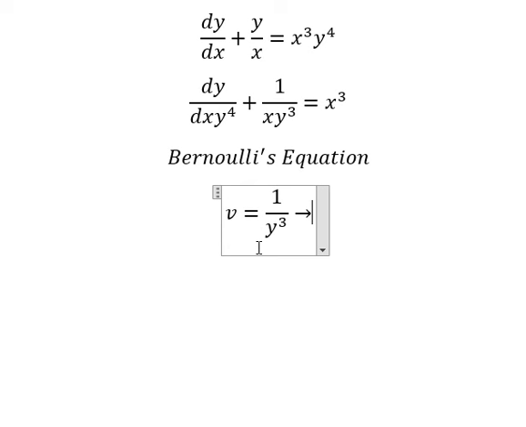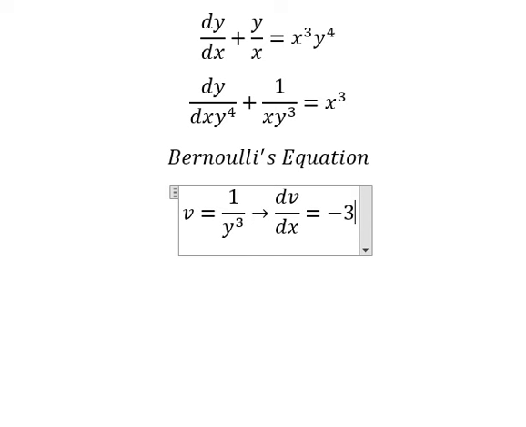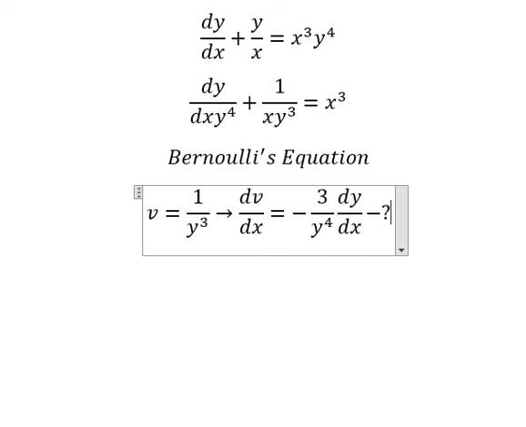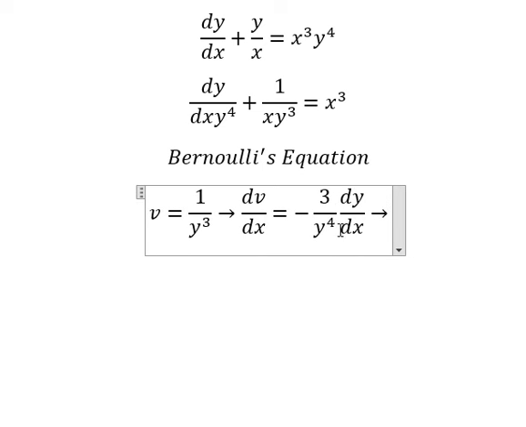After that, we need to first take the derivative of both sides, and we have it like this. Because we don't have negative 3, we need to divide both sides by negative 3.